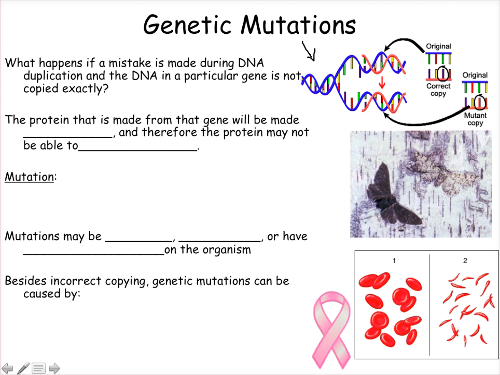So, hopefully this diagram looks familiar to you from when we talked about the process of DNA replication. I want you to focus in here, though, and imagine as the new DNA strand is being made, if the enzyme accidentally put a C, so this was a C, when it really should have put an A, like in this correct copy here.